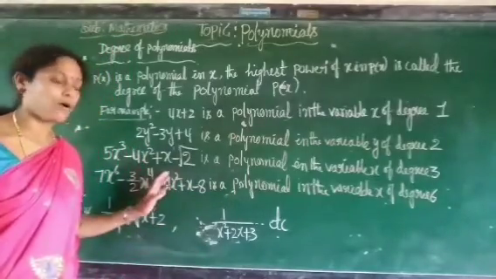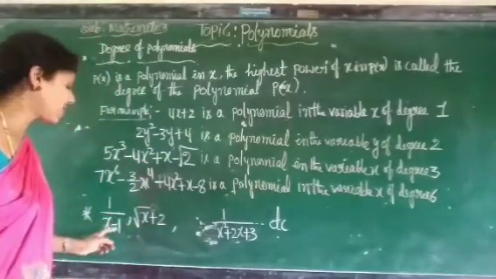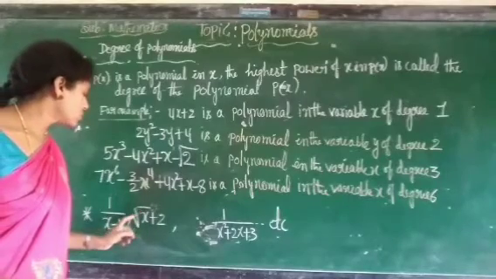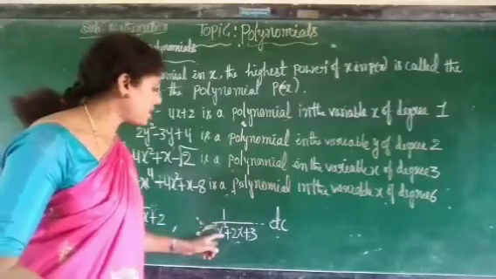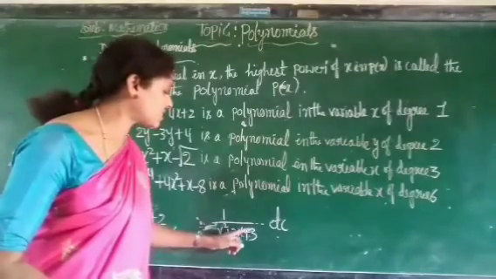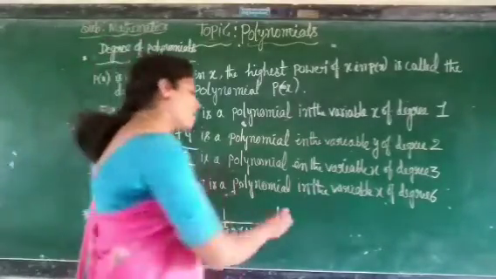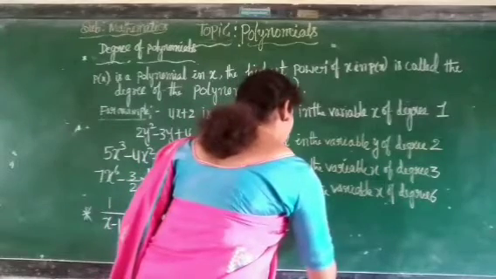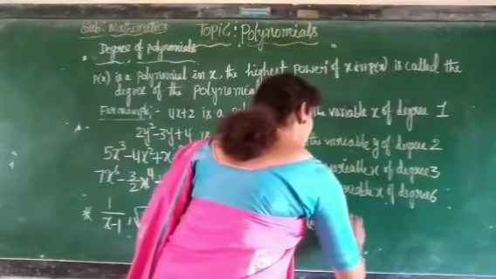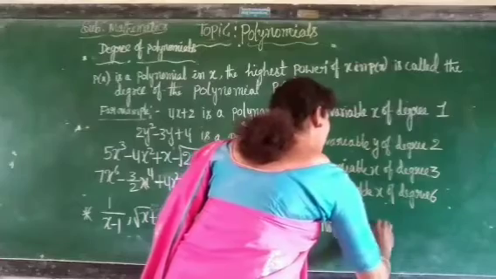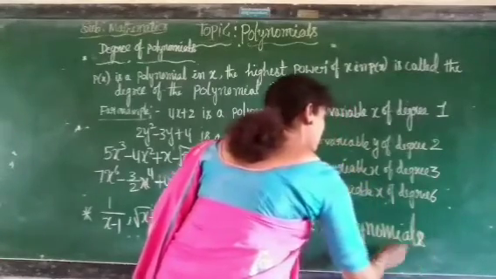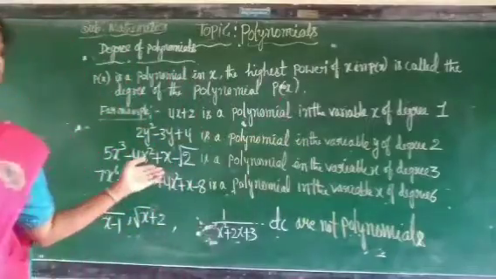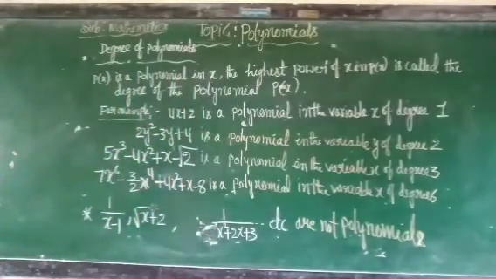No, they are not polynomials. 1 by x minus 1, root x plus 2, 1 by x square plus 2x plus 3, etc. are not polynomials. You can observe some points.